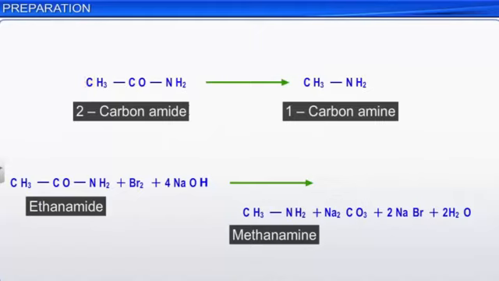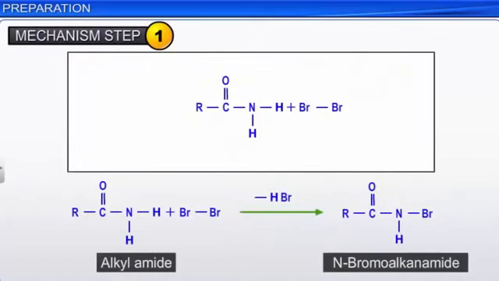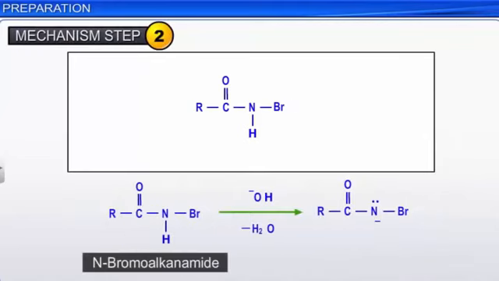Let us look at the mechanism of the reaction. As you can see, the first step involves the halogenation of amide to yield N-haloamide. The second step is the abstraction of a hydrogen ion by the hydroxide ion. This results in the development of a negative charge on the nitrogen atom.